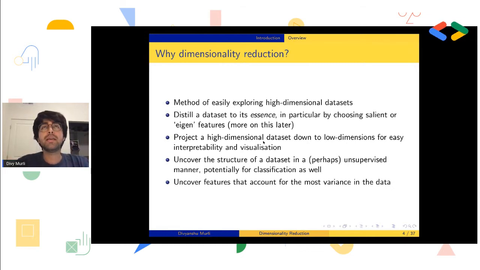But if you can imagine, there are some directions that are the important directions, and there are other directions which are less important. And if we can just retain those important directions and project our data down onto those important directions, then maybe that can give us some further insight into what this data really looks like.